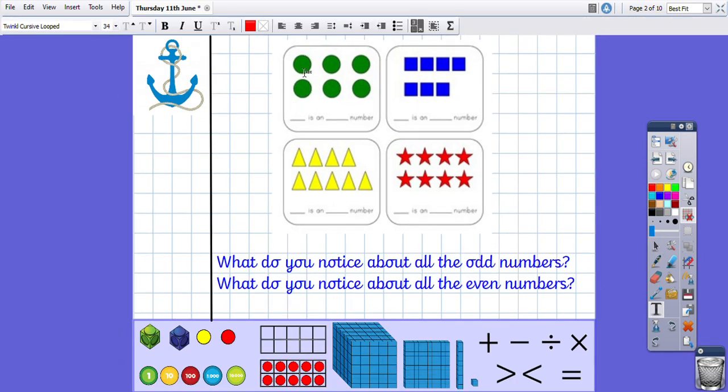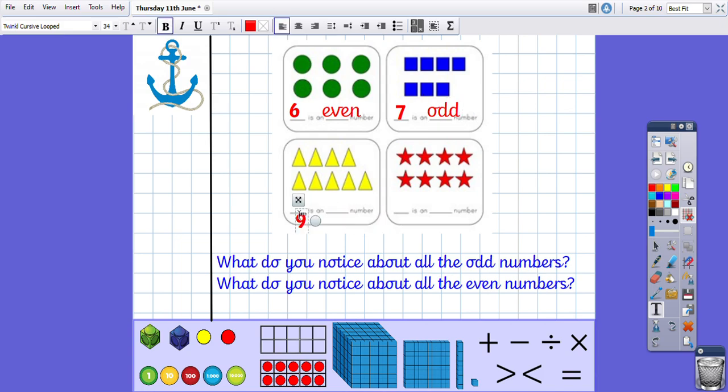So, you need to tell me how many there are. So there's 1, 2, 3, 4, 5, 6. So you would say 6 is an even number. Here you would say that 4, 5, 6, 7 is an odd number. 6, 7, 8, 9.